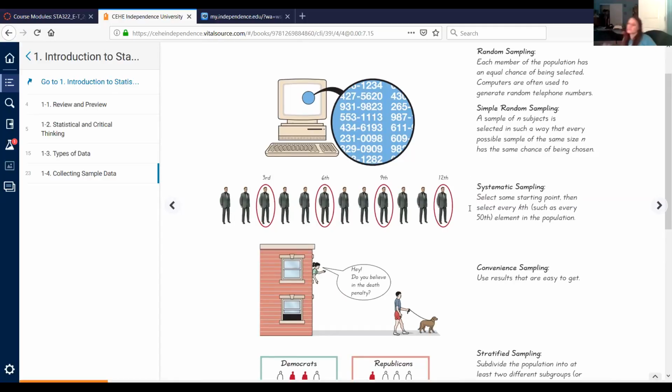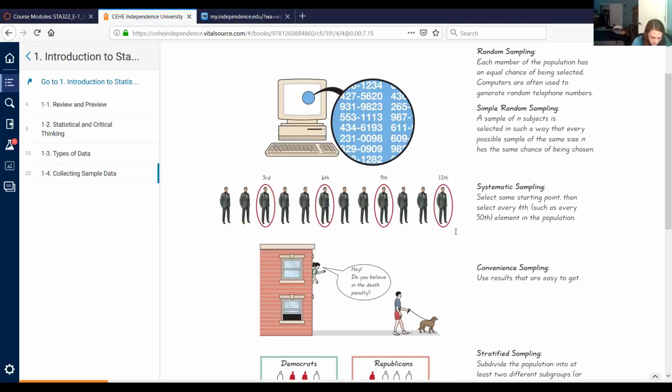We talked about simple random. Systematic is sort of like choosing every fifth person. If you were doing a survey at the door of, say, King Soopers, you might choose every fifth person who walked in and see if you could get them to participate. So this is called systematic.